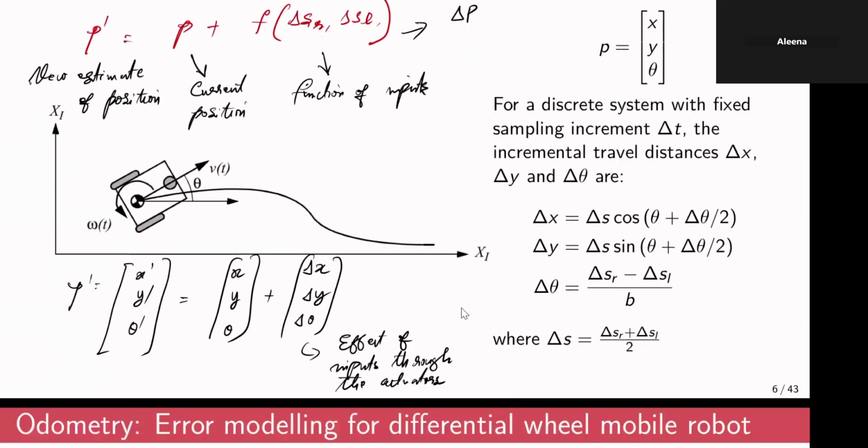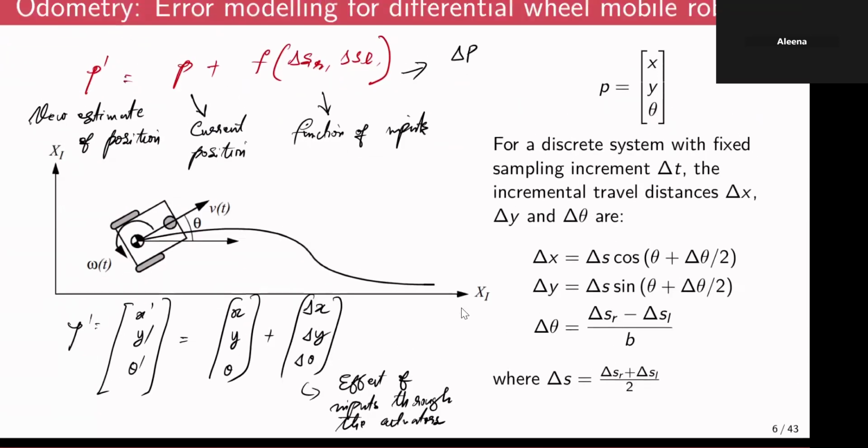Before that, let's define some parameter called delta s. Delta s is basically the incremental motion of the mobile robot along its longitudinal axis due to the contribution of the actuators.